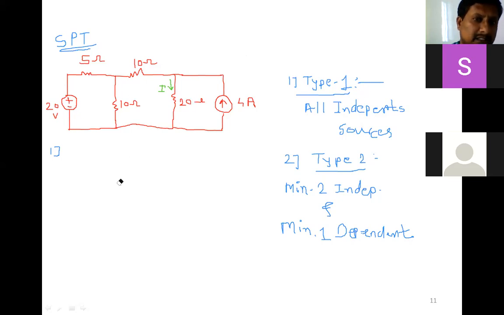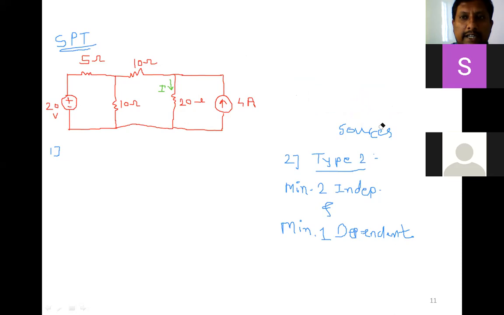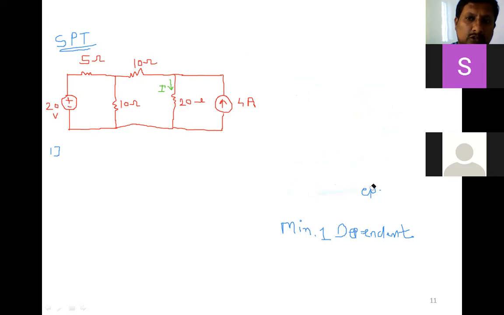No dependent source. Dependent means a diamond shaped symbol. Whether it is observed here anywhere? No. So this problem belongs to type 1, where all sources are independent only. But in both types, the minimum 2 independent sources should be there. Then and only then we can apply the superposition theorem.